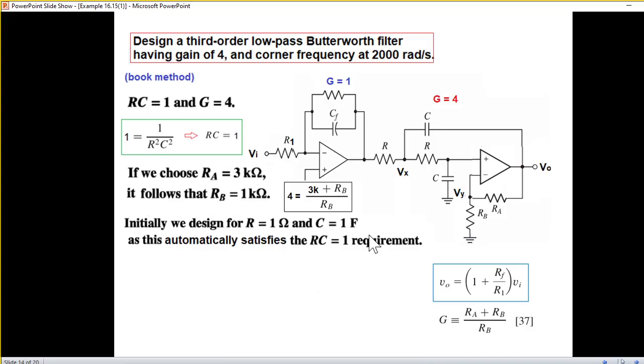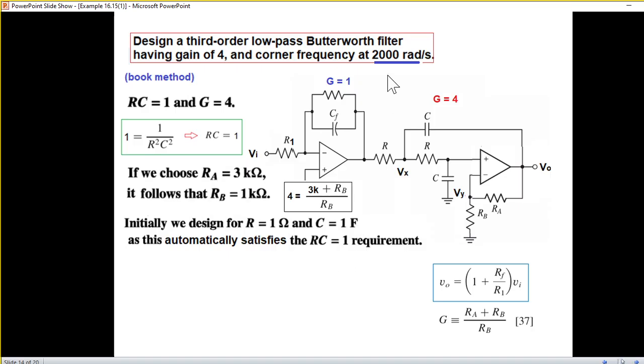Now we go for the capacitors and resistance which control the frequency. Initially, we designed for R is equal to 1 ohm and C is equal to 1 farad, and this will automatically satisfy the RC is equal to 1 requirement, or the frequency to be 1 radians per second.